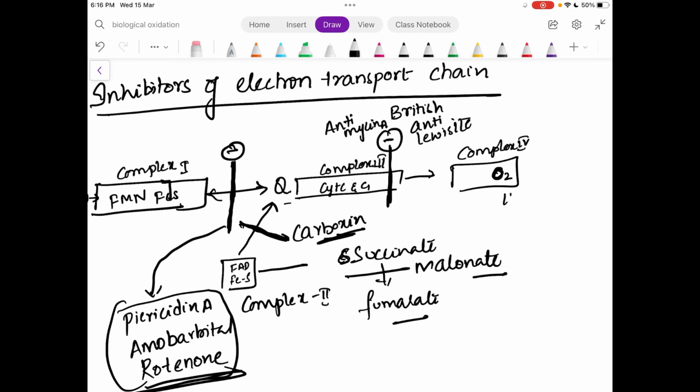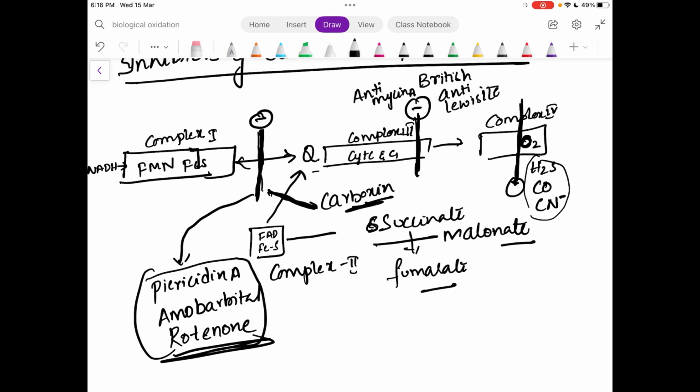So which are those compounds? H2S, carbon monoxide and cyanide. All these three compounds will bind with oxygen and inhibit complex 4. Whenever these complexes are inhibited, electron transport to complex 5, that is ATP synthase, will be stopped and there will be no generation of ATP.